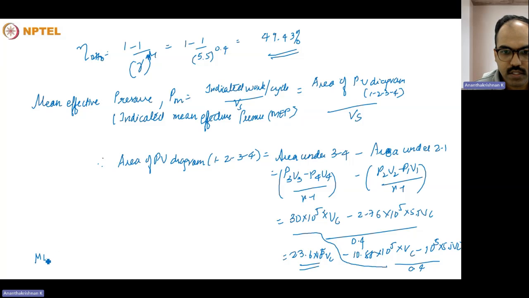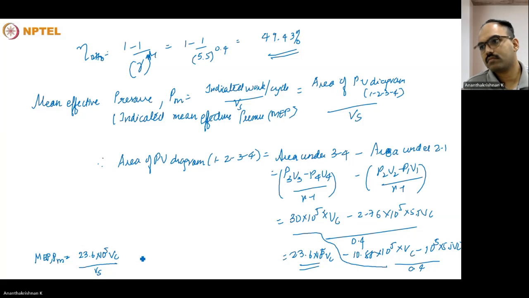Therefore, the mean effective pressure PM will be equal to 23.6 into 10 power 5 VC divided by VS. So we know the ratio.